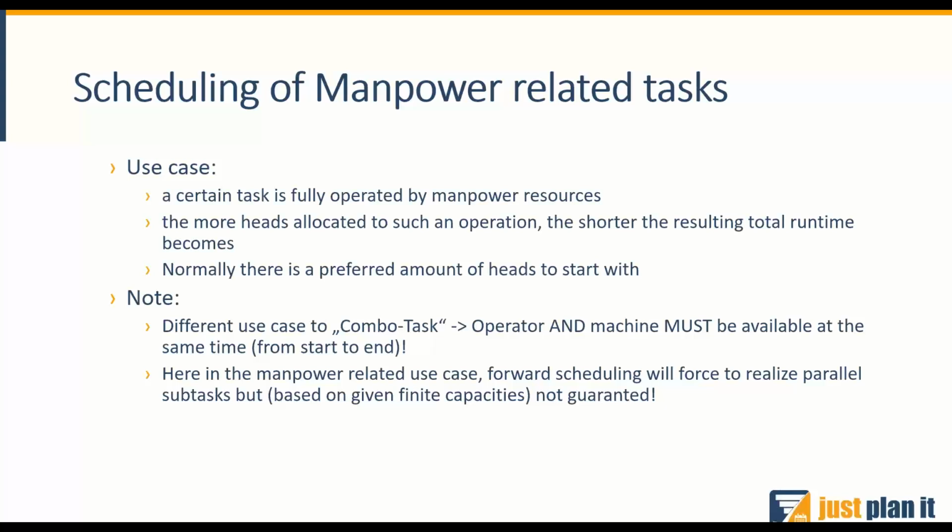In the manpower-related use case here, while the scheduling engine might come to a result that the tasks can be done in parallel, given finite capacities, that is not guaranteed anymore. But, as usual, you should never see a worse result using heads compared to using no heads.